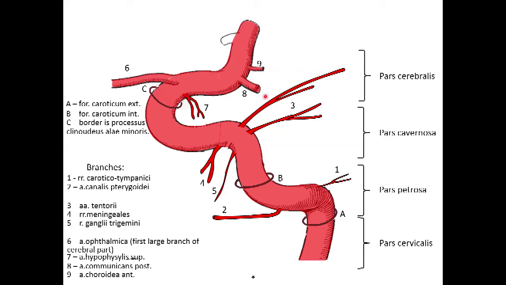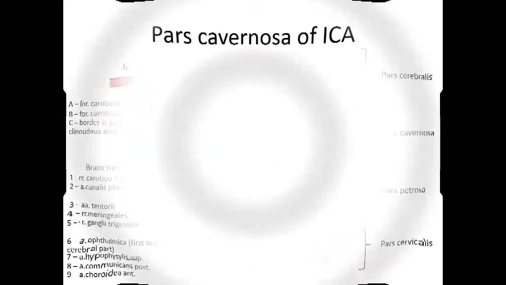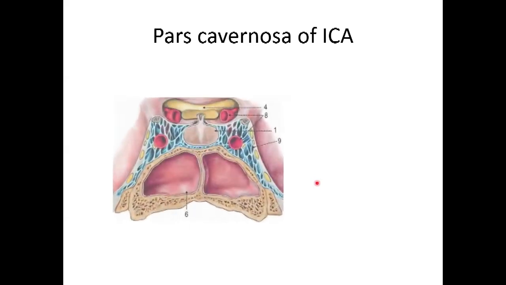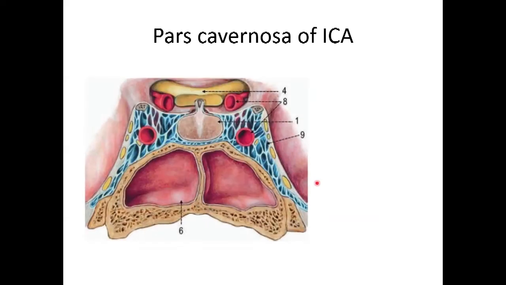And now let's try to analyze this region in more detail, Pars cavernosa. So next slide, Pars cavernosa of the internal carotid artery. I use this picture from the Lippert textbook of anatomy.